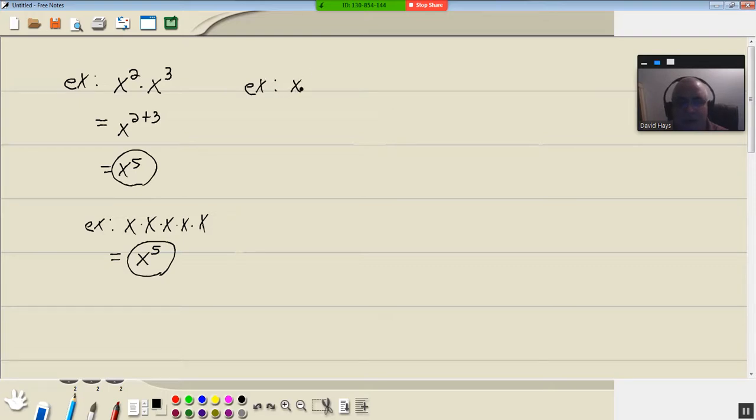Now if we have x squared raised to the third power, if you got an exponent you're raising to another exponent, you multiply the exponents together. So this becomes x to the 2 times 3 power, which is x to the 6. Now again, if you don't remember this, it's not a huge deal.